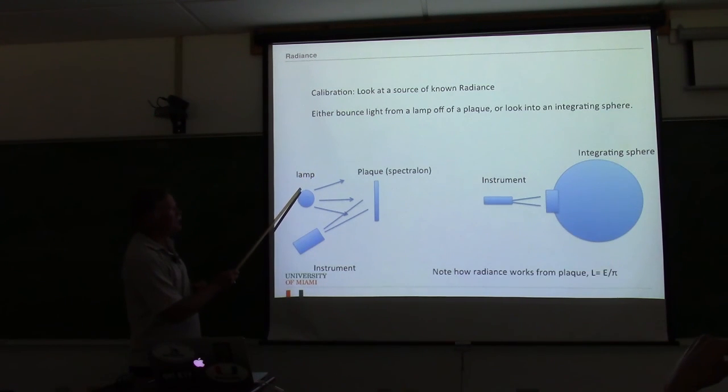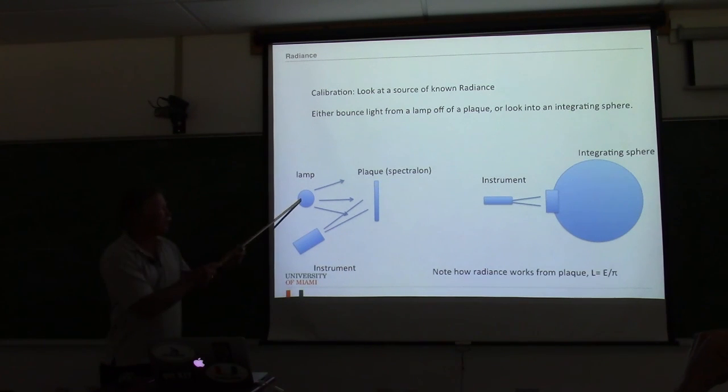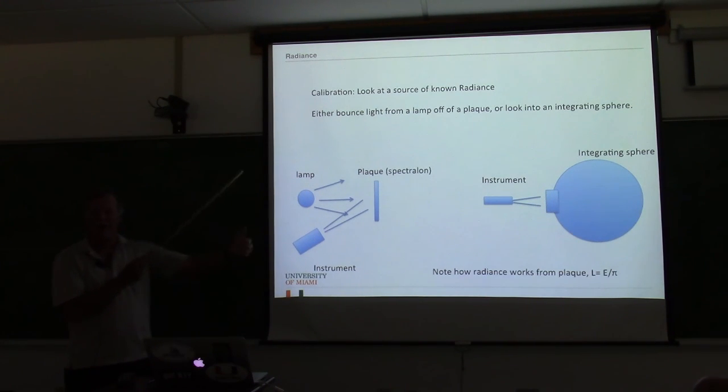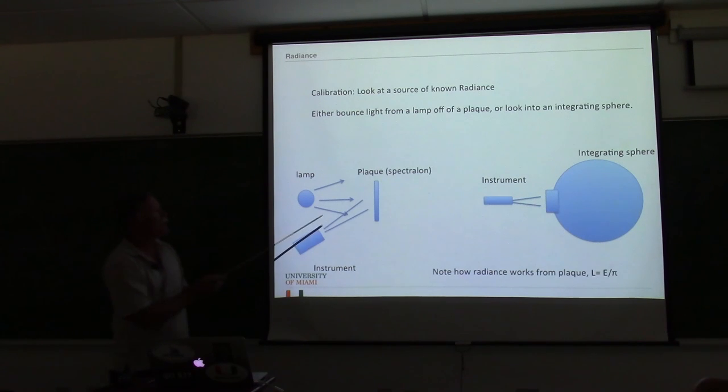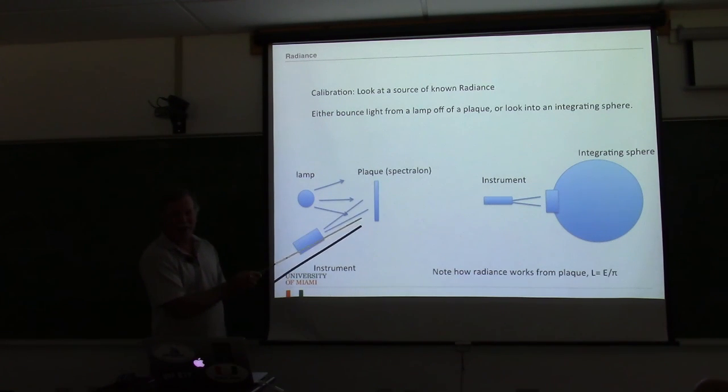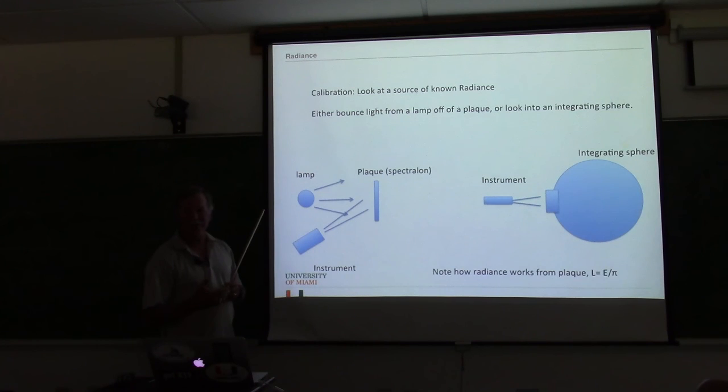If you buy the lamp or get the lamp from NIST, we'll just do US for a bit, it has a certain amount of uncertainty associated with the irradiance value. You have a spectral plaque, and there's a certain amount of uncertainty with that.